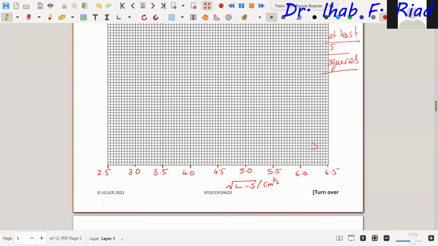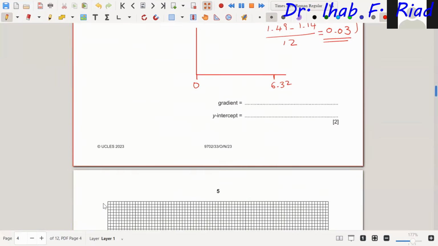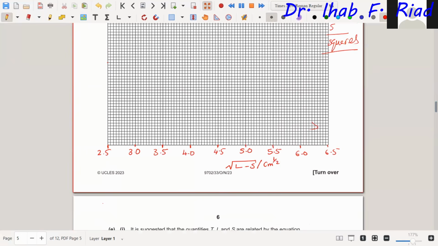So I'm not starting from 0. I'm going to start from a value which is very close to 1.114. So the best one to go is 1.10. Okay?